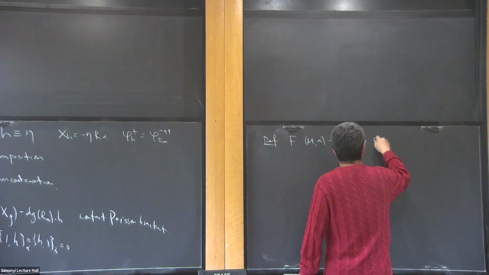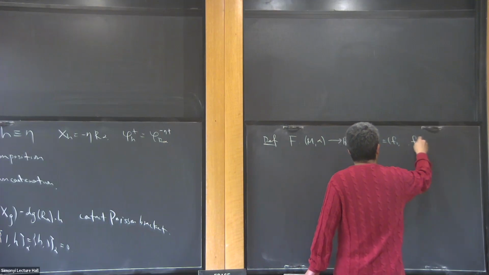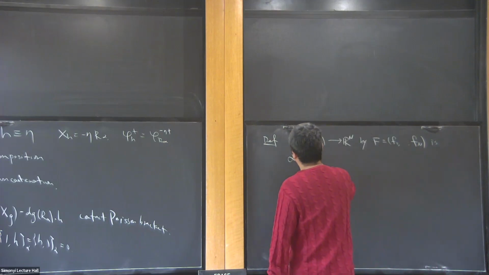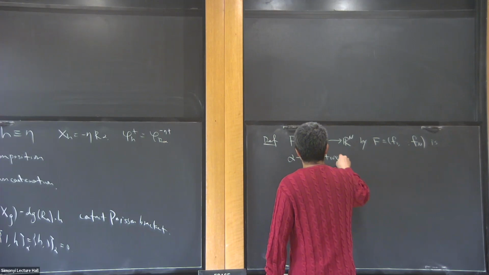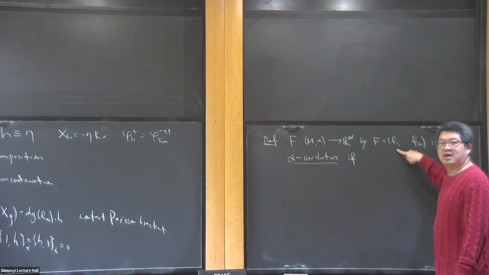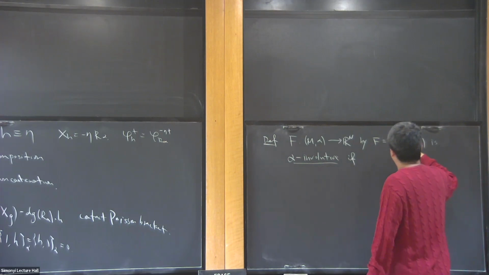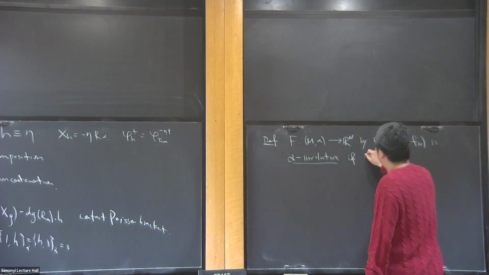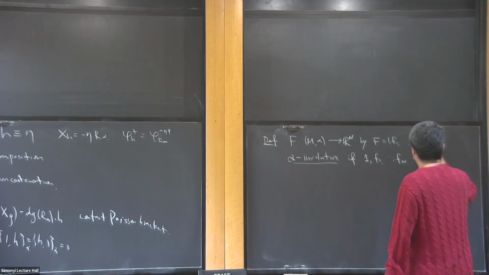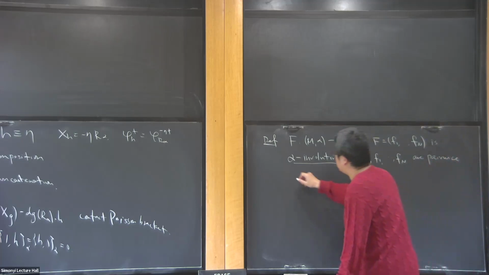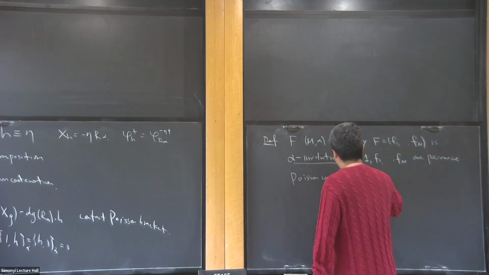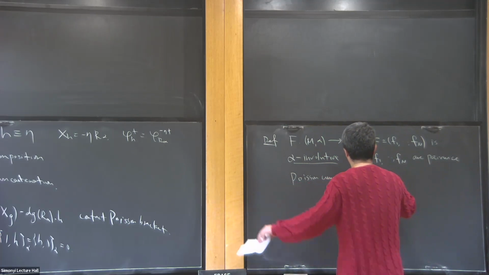Write out the components, so F is F_1 to F_n. This is alpha-involutive if, with n many functions here, alpha-involutive means that not only are the n functions, but you can also put in 1, this constant function, and F_1 to F_n pairwise also commute with respect to this bracket.